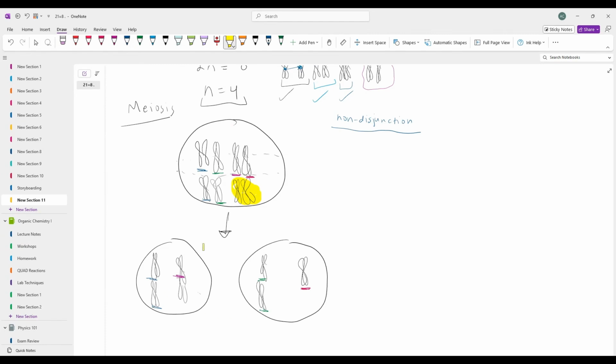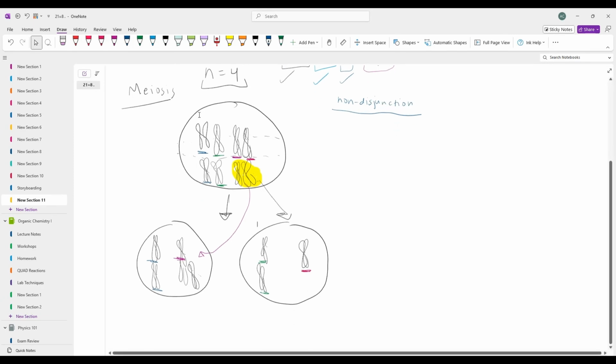Basically, because of non-disjunction, these homologous chromosome pairs aren't going to separate correctly. So both of these will go to one cell, and none will be going to the other cell, if that makes sense.